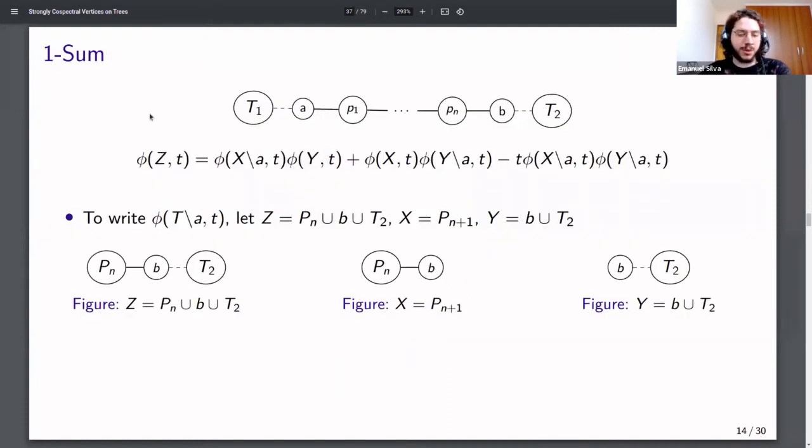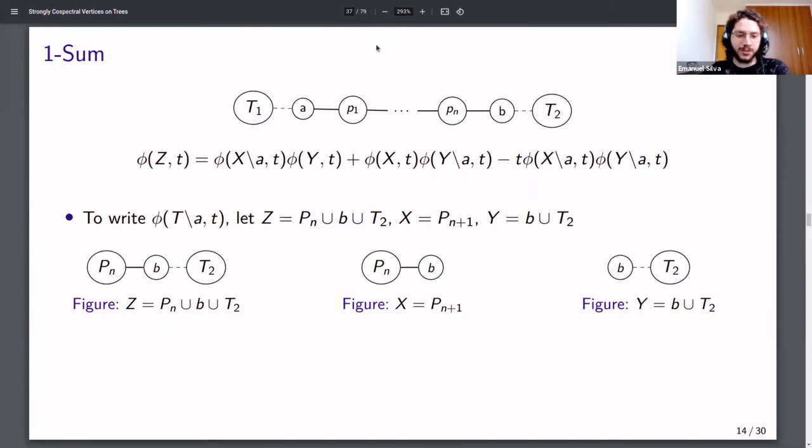So okay, and how are we going to apply one sum to our graph? So this is our starting graph. This is the one sum lemma. And we want to show that two vertices are cospectral. So we're going to write phi of T minus a. At T minus a, we have two components, one containing T1 and the other containing the rest of the graph.